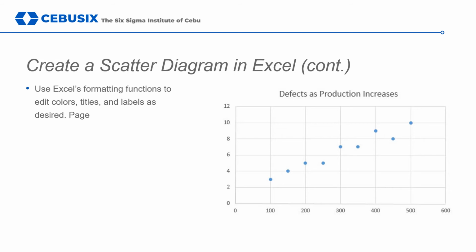From the scatter diagram created, we can see that the two variables, production volume and errors, appear to be related in some manner. Well, it is a good bet that increased production actually causes increased errors. But you can't simply assume causation from this graph. This assumption could be further tested using more advanced statistical techniques.